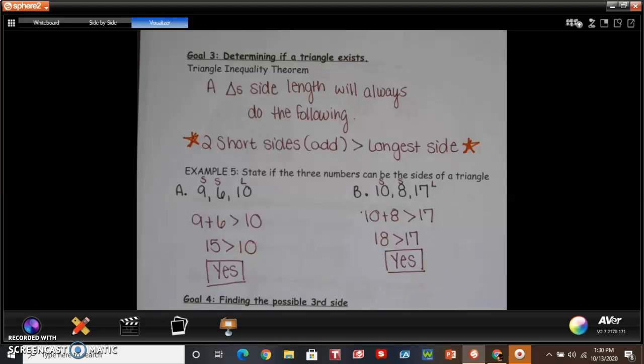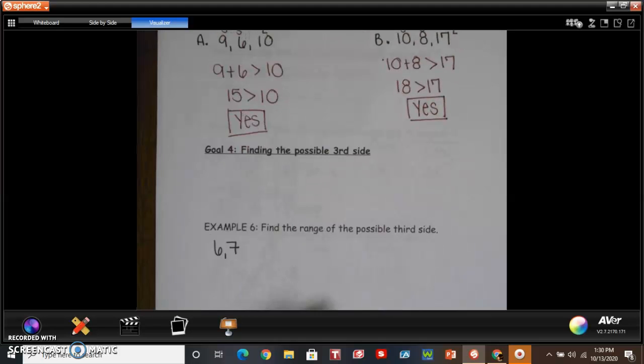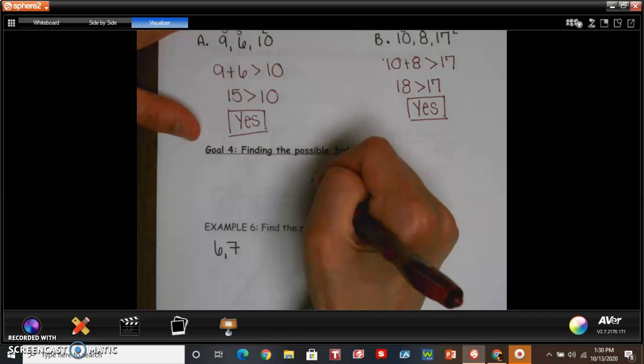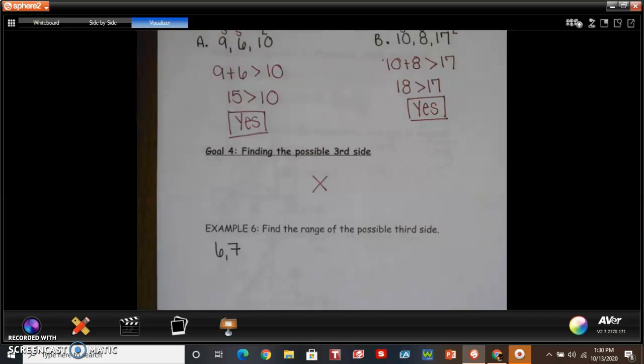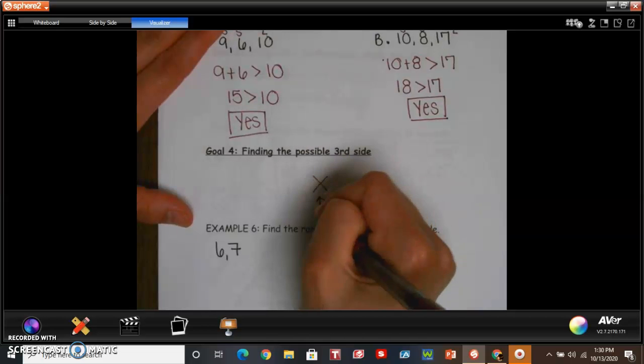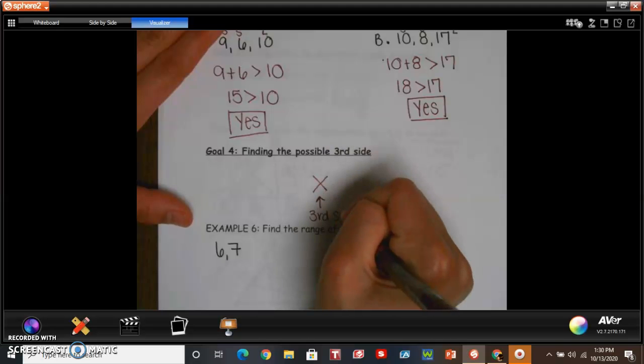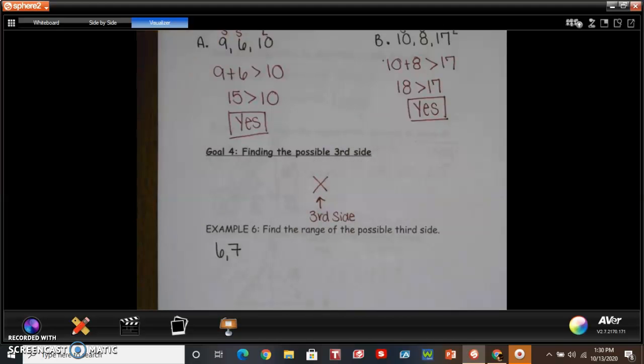Alright? Okay, now, finding possible side lengths when given 2 other sides. There is a formula for this, and your answer will be written as an inequality. So x represents our third side. Okay? And we're creating a range, because a whole bunch of different numbers could fit into a triangle when given 2 sides.